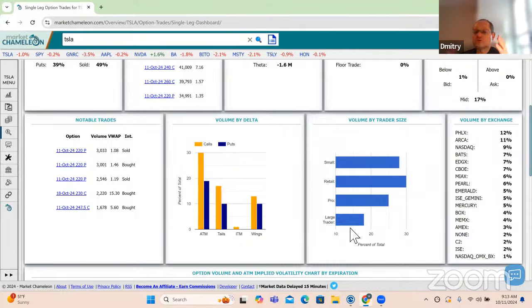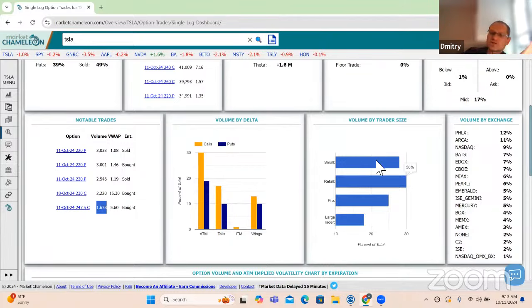We look through those trades. For example, here are some notable trades. You've got 3,000 contracts that we interpreted as sold for $1.08. That's not a small trader. It's not a typical retail trader. That probably fits into the large trader category. Actually, all of these that I'm looking at would fit into the large trader category.